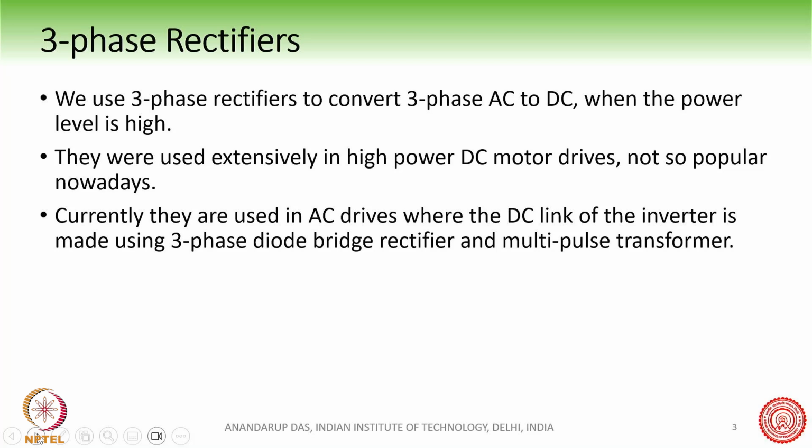So the front end part consists of this kind of a three-phase rectifier along with a multi-pulse transformer arrangement, and this is where three-phase diode rectifiers are used throughout the world in many applications, AC drives or some other applications also, a very prominent converter.